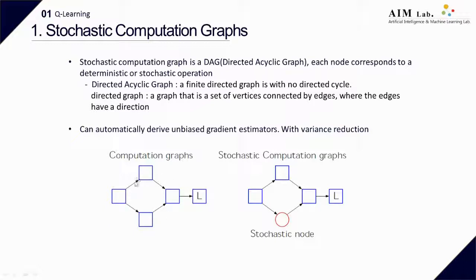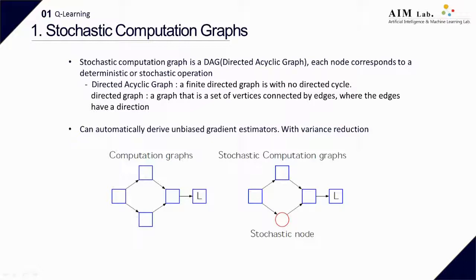In this form, there's no directed cycle. Also, a directed graph is a set of vertices connected by edges. Edges and vertices are connected, and edges have some directions, not in a cyclic way.